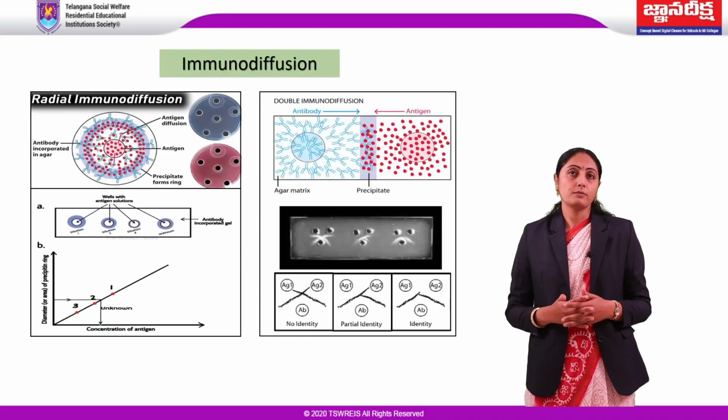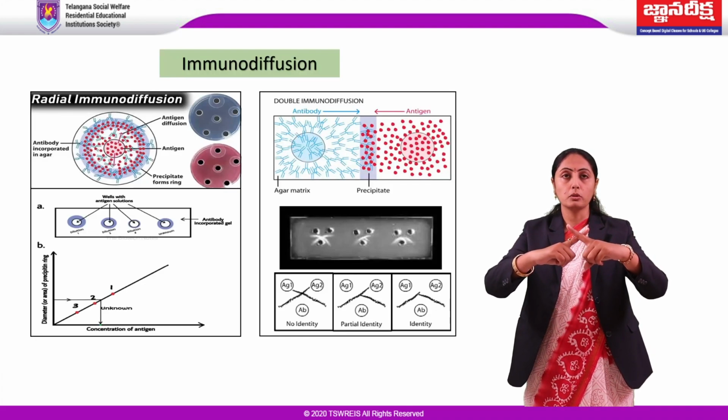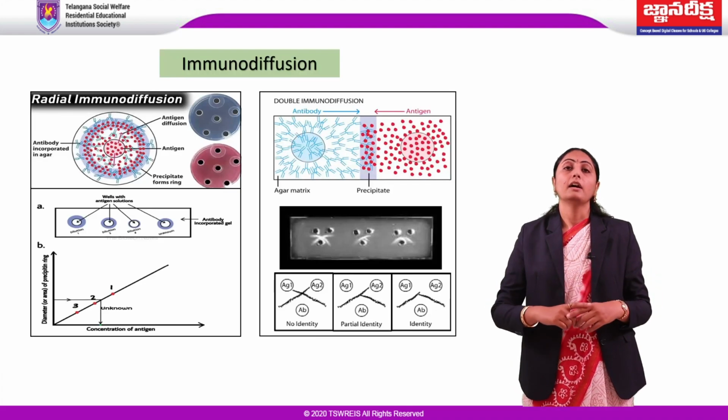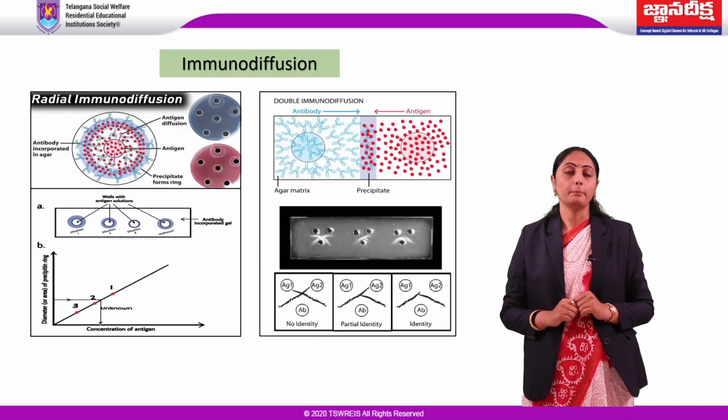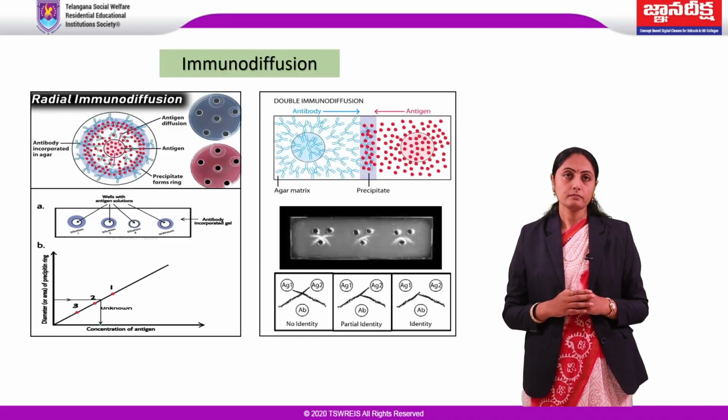The first one, as we can see, is the image where 2 precipitin lines are crossed. It shows 2 separate reactions, meaning antigens are unrelated and share no common epitopes. This is called non-identity.